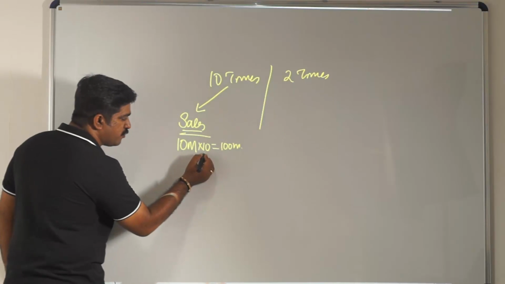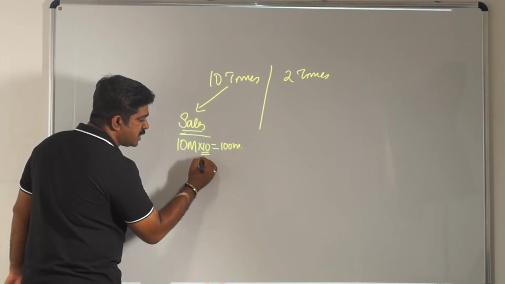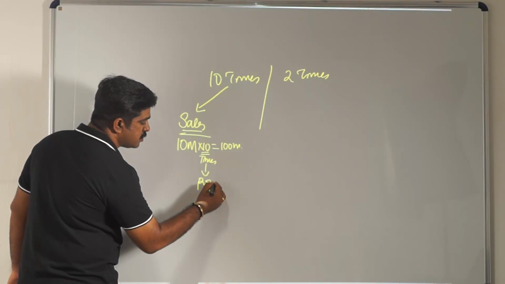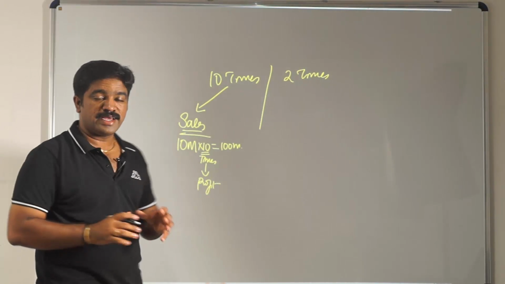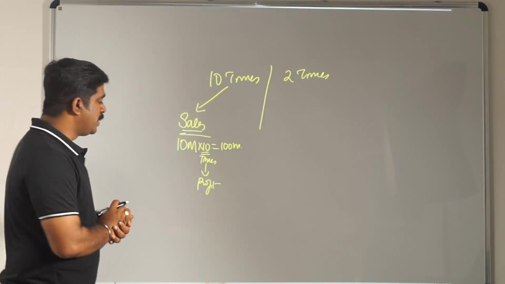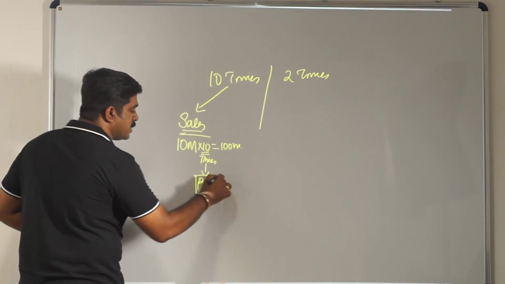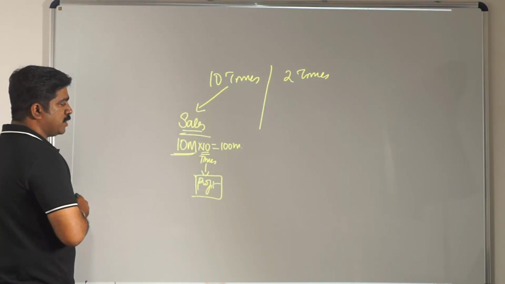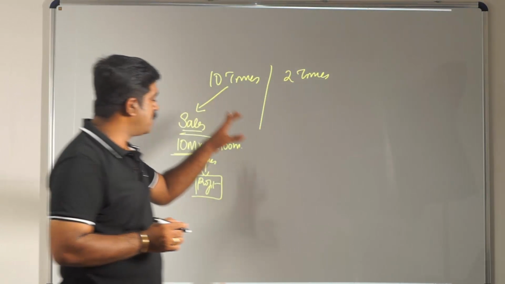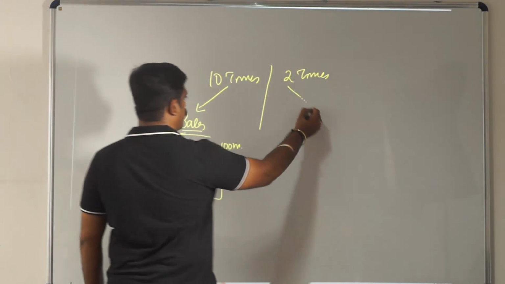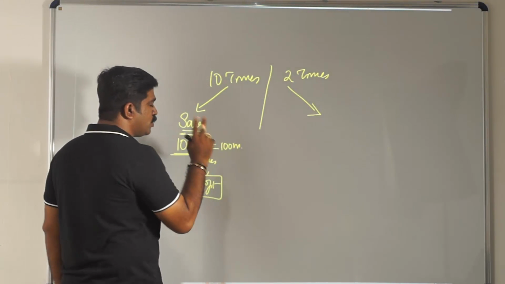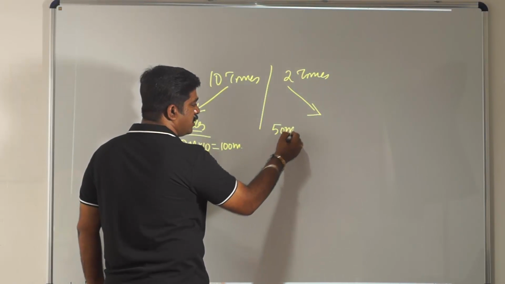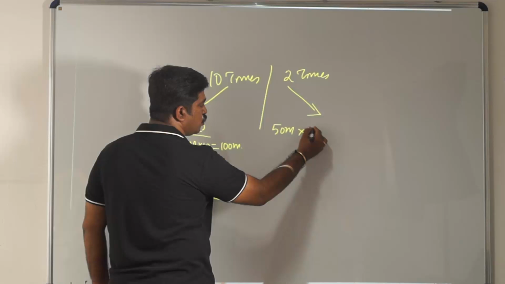But the point which you have to understand is this entire 10 times is going to bring in profit. It means my profit making capacity is 10 times on this 10 million. But if I say my inventory turnover is 2 times, what is happening? I am going to make sales only 2 times. That is 50 million worth of inventory is going out 2 times.